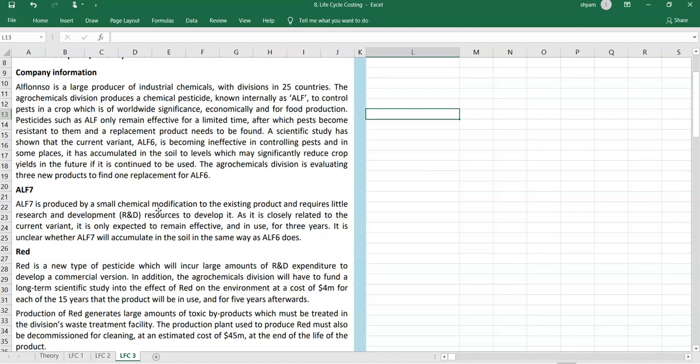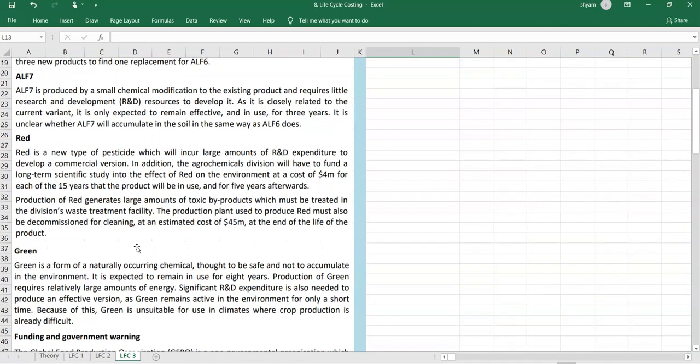So this product has lower R&D cost, but is it an effective product? The answer is no, it's not such an effective product. But we can put it like this: this has a lower R&D cost. So let's see the next product.